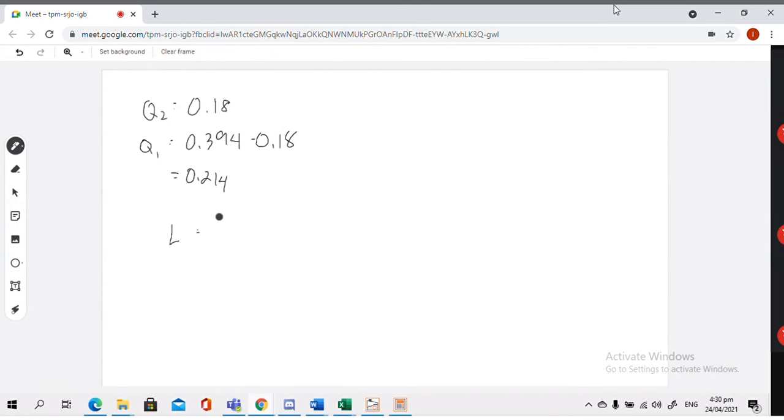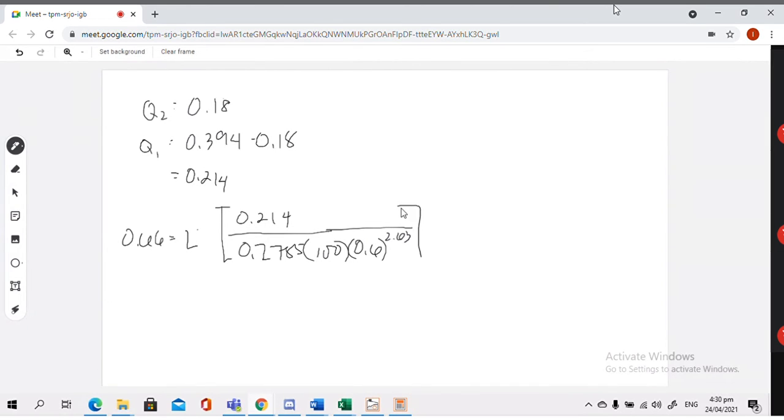So 0.66 equals L times 0.214 over 0.2785 times 100 times 0.6 to the 2.63 to the 1.85. So we can get L.